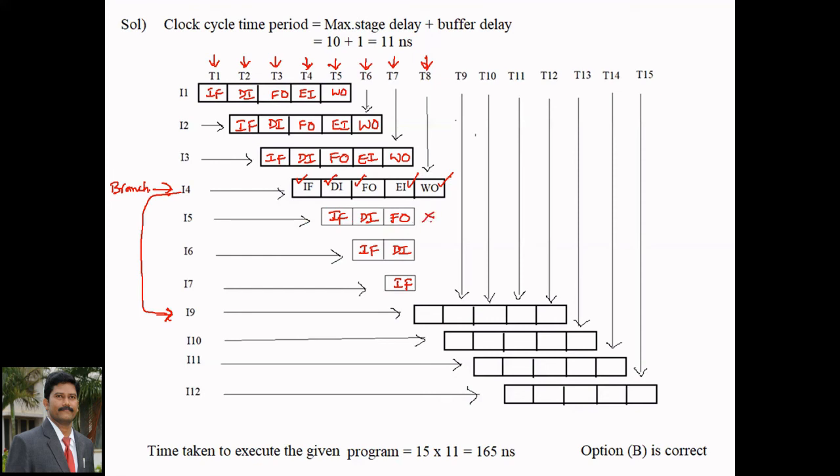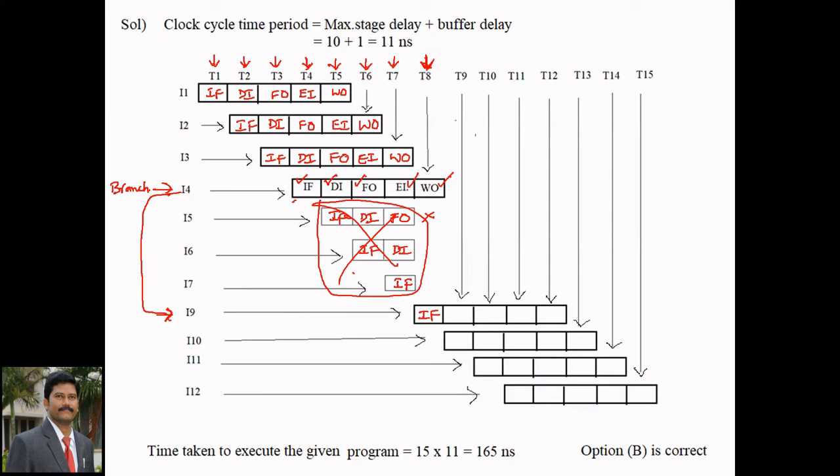I5 will not enter into the execution unit because it already knows it is a jump instruction, it has to go to I9, so I9 is fetched. This part everything it deletes, okay, because until the execution of the branch instruction at the EA stage, at this T8, until T8 you don't know that this is the branch instruction, it has to jump to I9.